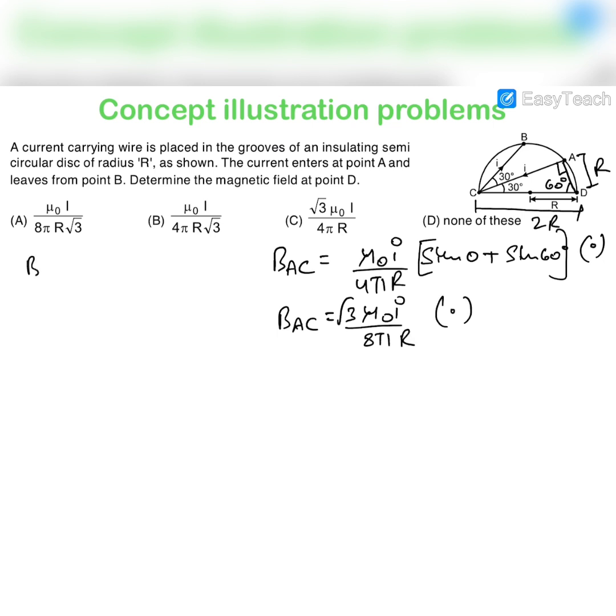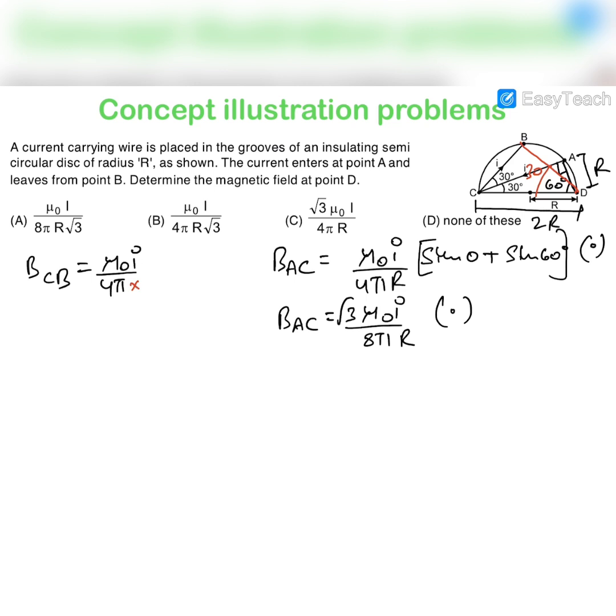And B due to CB, the magnetic field due to CB will be inside the plane of the paper, and it would be equal to mu naught I by 4 pi. Now the perpendicular distance from B to D is this one, and this angle will be 30. So the perpendicular distance, which is BD, will be 2r cos 30.